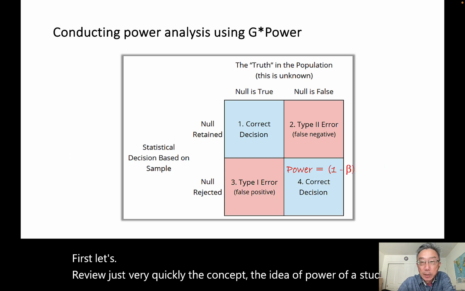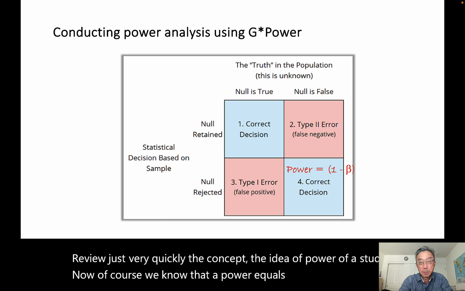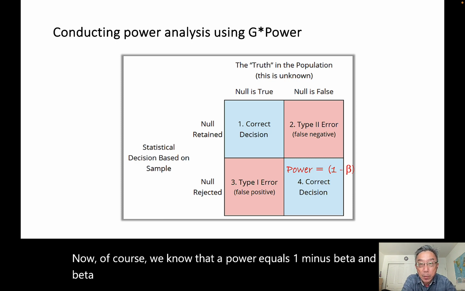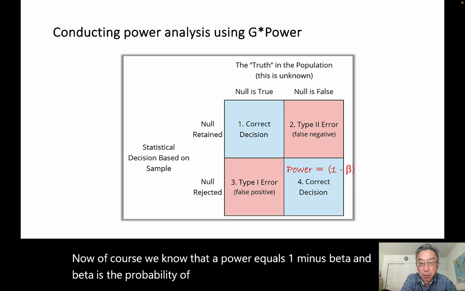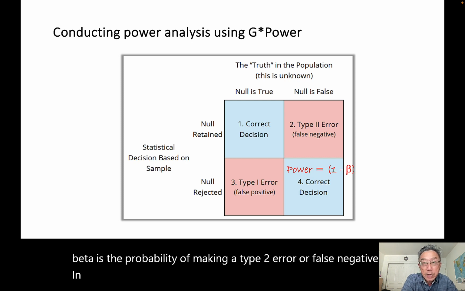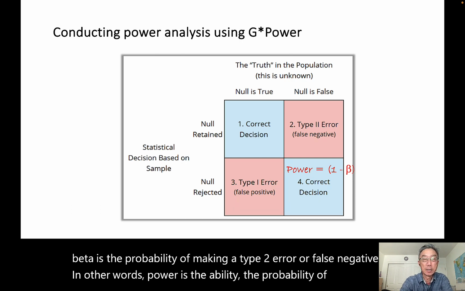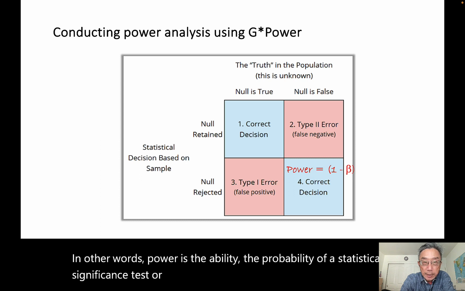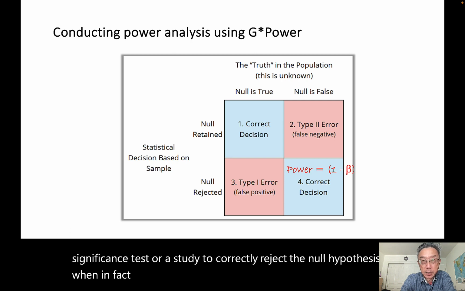Now, of course, we know that power equals 1 minus beta, and beta is the probability of making a type 2 error or false negative. In other words, power is the probability of a statistical significance test or a study to correctly reject the null hypothesis when in fact the null hypothesis is false.